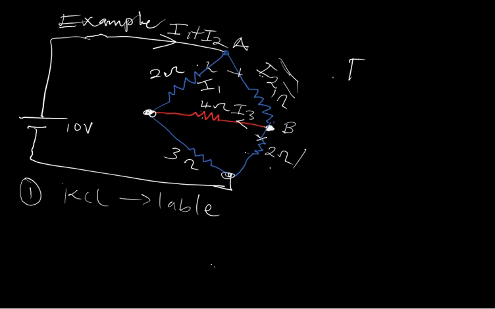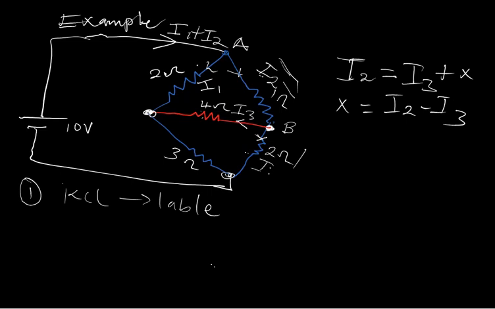So I2 is equal to I3 plus the current that will be passing through this 2 ohm resistor, I can call it X. To get the current passing through the 2 ohm resistor, it will definitely be I2 minus I3. So let's label it. The current passing through this 2 ohm resistor is I2 minus I3.